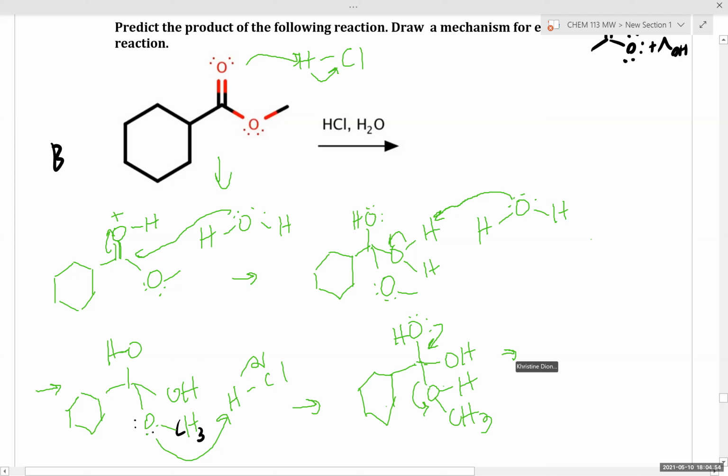So from here, we're just one proton transfer away from our last step. We have our protonated carboxylic acid, and all we have to do is pull off a proton to get our neutral desired carboxylic acid.